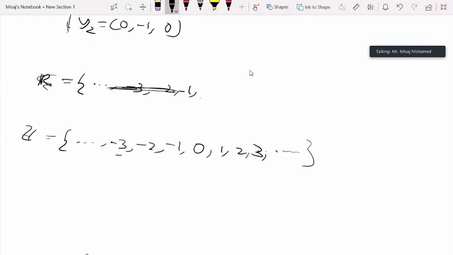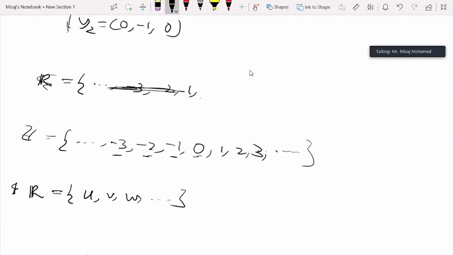These are all elements. We can say this is also a vector, a 1D vector, a one-dimensional vector, and we denote it by capital R. Every vector in this set is U, V, W.